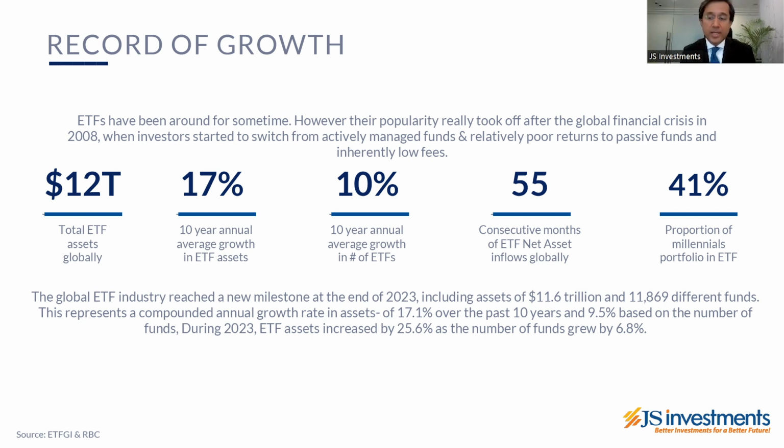During 2023, ETF assets increased by 26% as the number of funds grew by 7%. It was mainly after the global financial crisis in 2008 that investors started to switch from actively managed funds with relatively poor returns to passive funds with inherently low fees. And as you can see on the slide, it's been 55 consecutive months of ETF net asset inflows globally. So that's a remarkable number.